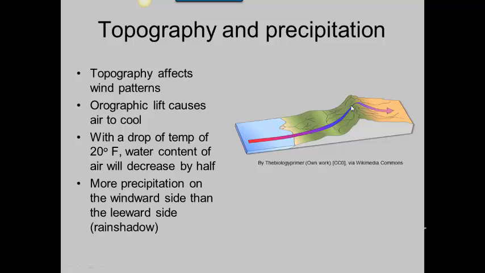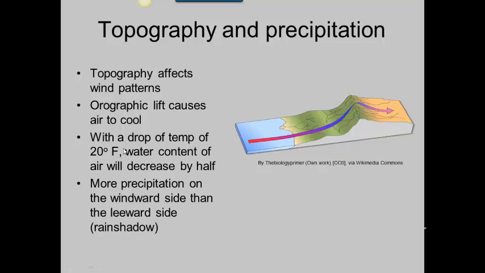And we know that as you go up in elevation in the troposphere, the temperature drops. This lift is called orographic lift. So when a mountain range causes an air mass to lift like this, it's called orographic lift, and it causes the air mass to cool down.